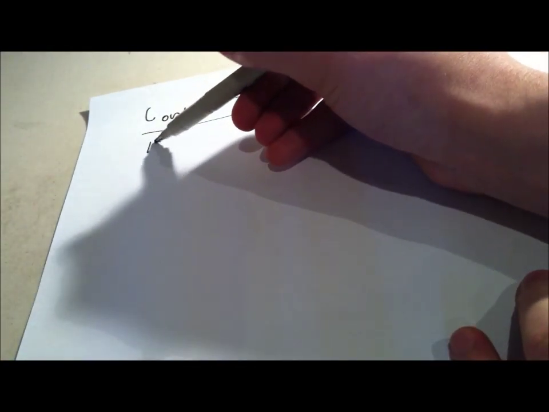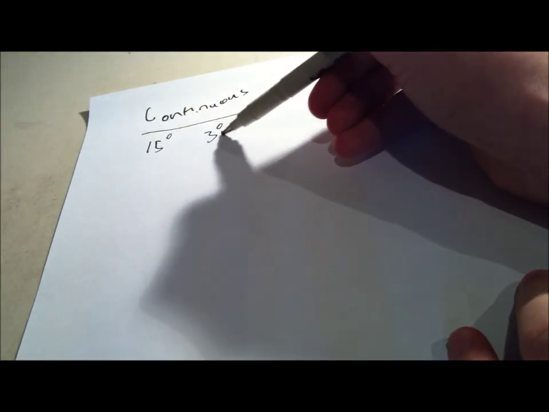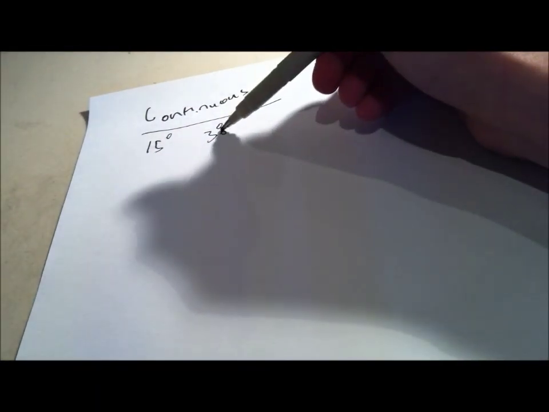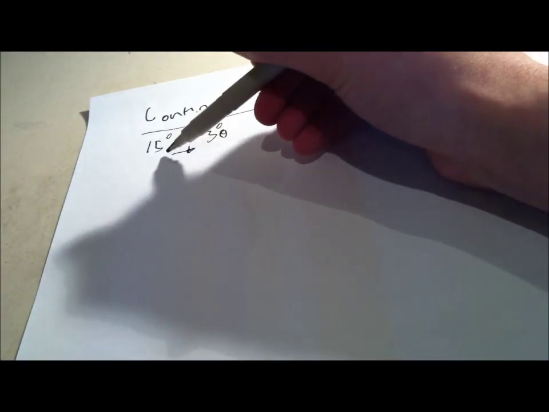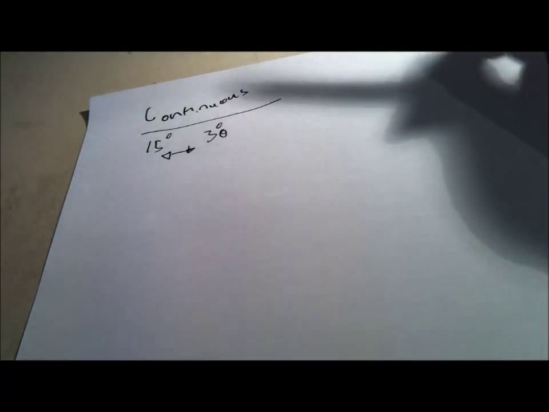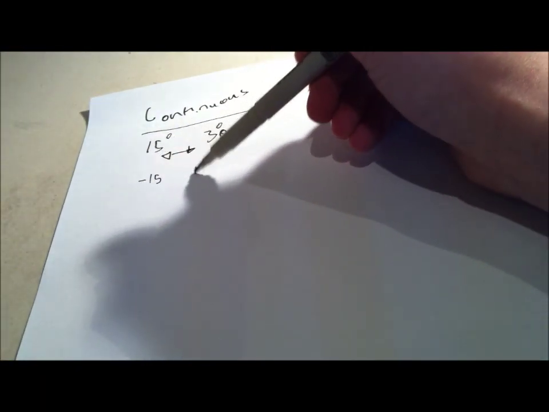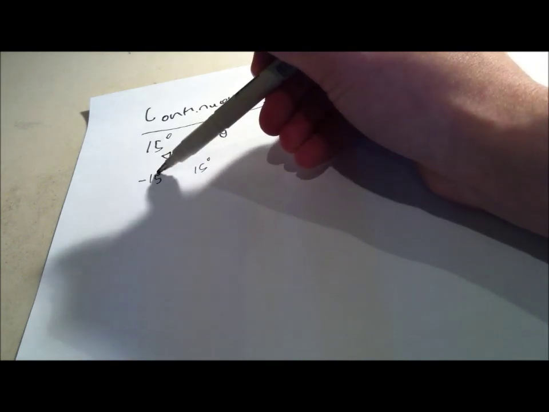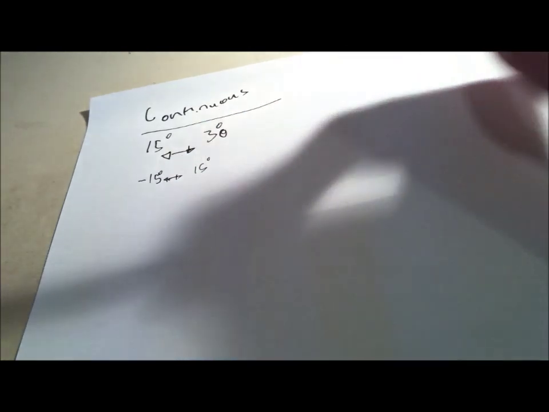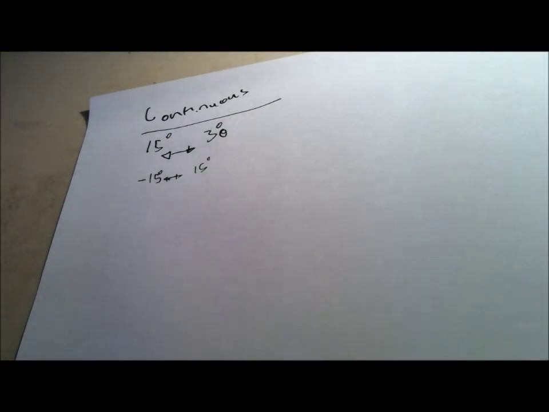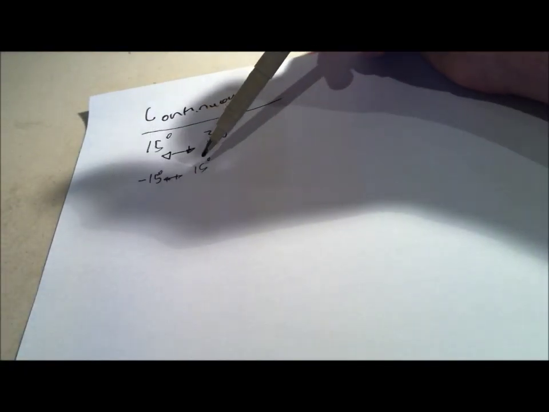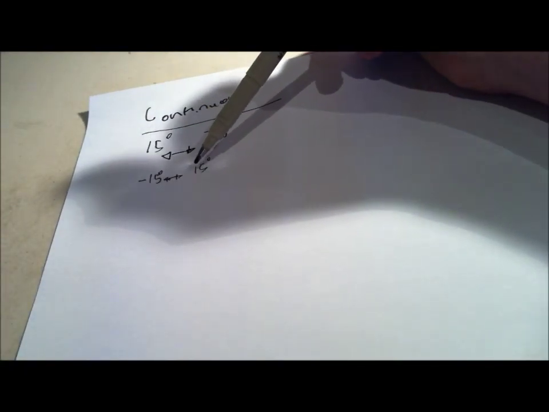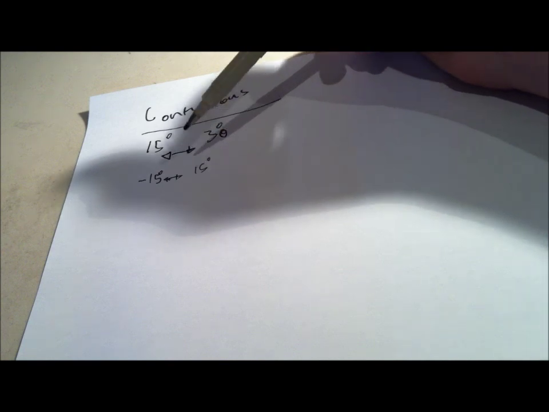Let's use the example of temperature. With temperature, the difference between 15 degrees and 30 degrees, we can say, is 15 units of temperature difference. And the difference between negative 15 and 15 degrees is 30 units of temperature difference. However, you can't make any multiplication.